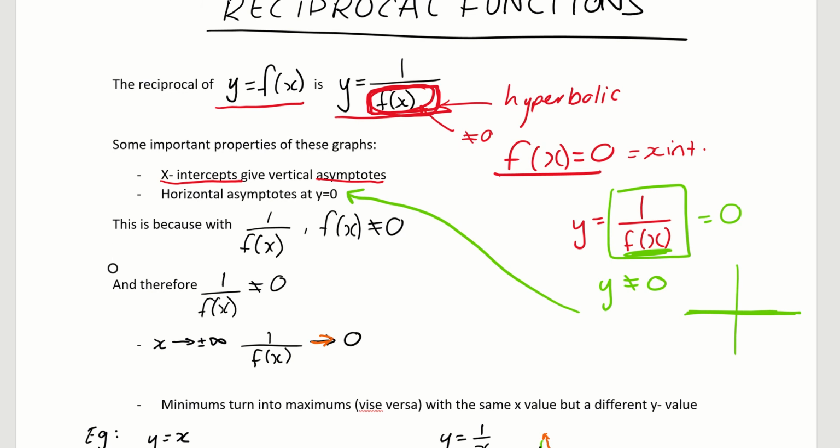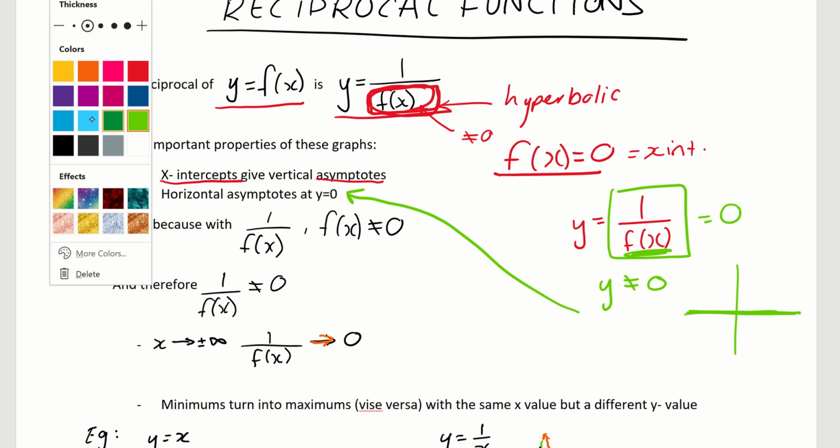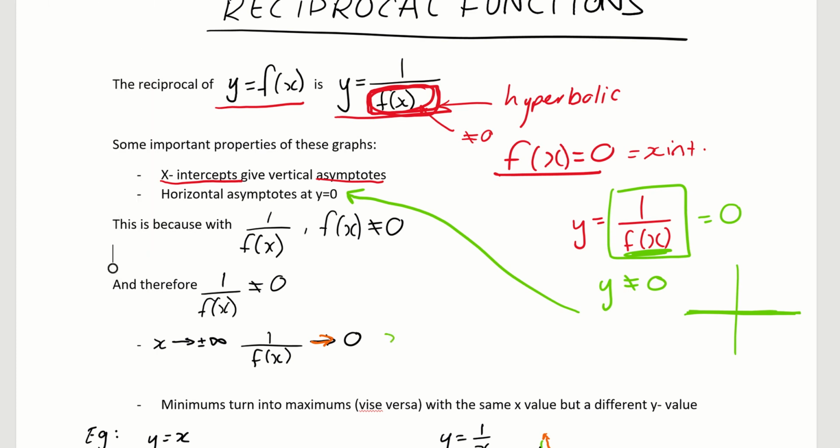Another thing is, as we sub in big x values, so x values approaching infinity, which just means getting bigger and bigger, the reciprocal function is going to approach 0. Let's think about that for a second. Let's say I sub in the x value of 2 into my original function. In the reciprocal, that's going to be 1 on 2. I've plugged in x equals 2 and now it's become a half.